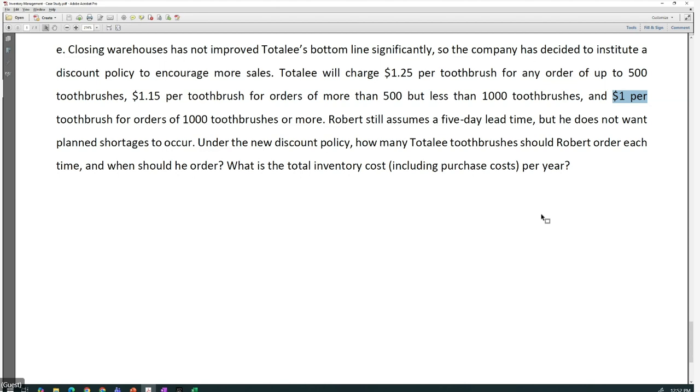Correct? But are you accounting for the total cost? If I order 1,000 units at the same time, what will happen? My inventory holding cost increases. Thank you. Because my inventory holding cost increases, my total cost will also increase. Correct? So we'll have to find the trade-off overall.